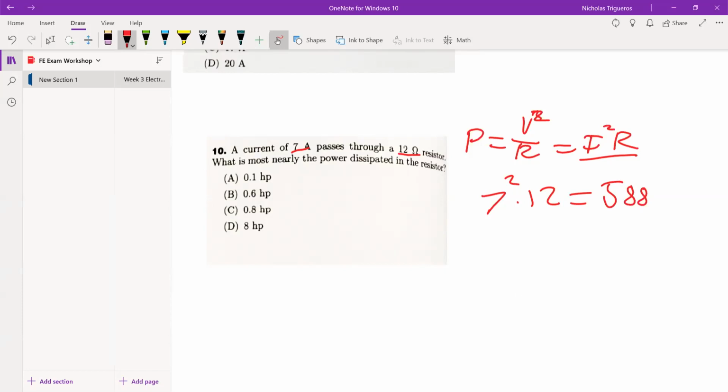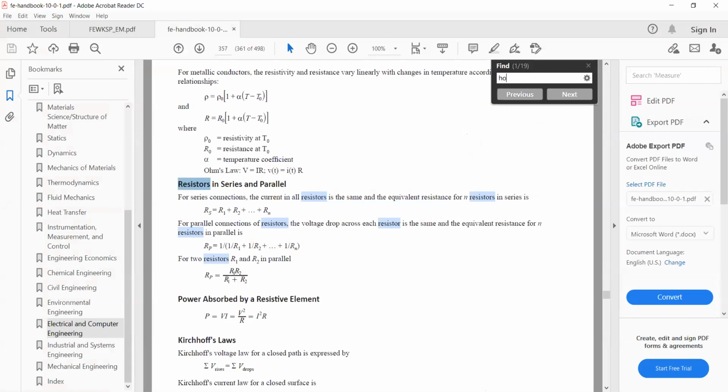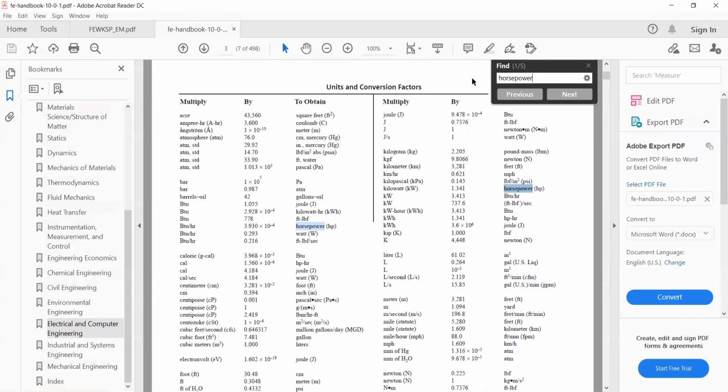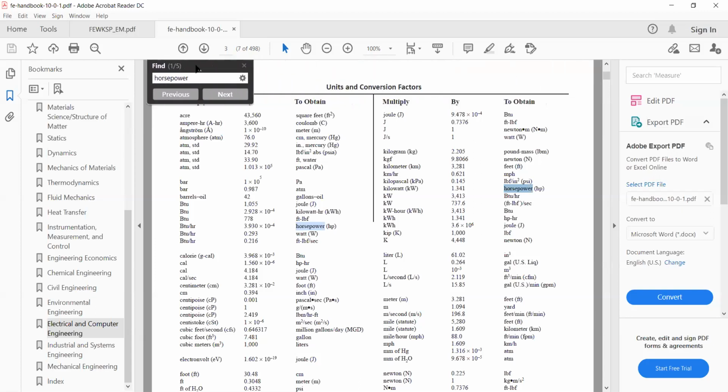This needs to be converted to horsepower. So let's go back and see if we can find a conversion factor to horsepower in the handbook. Horsepower. To obtain horsepower, multiply. We're currently in watts.